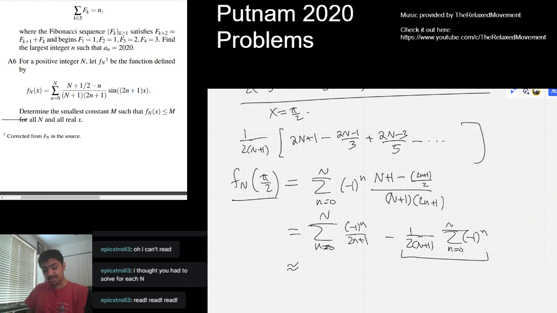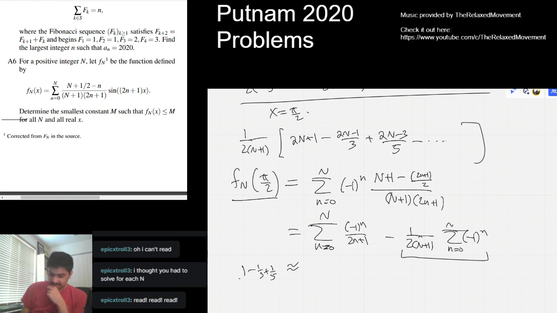What is the alternating sum of powers of 1/3, 1 minus 1/3 plus 1/5, and so on? This is some well-known series, right? Do you remember what this is? I forgot what this is.